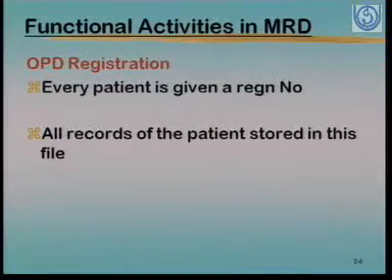That is called the registration. Thereafter, this is either fed into a computer or entered into a register. If it is a manual method, it is entered into a register. If it is an electronic format, it is fed into the computer, and that data is kept. So that is called the registration process, and after the registration, the patient is sent to the OPD for a consult with the doctor.